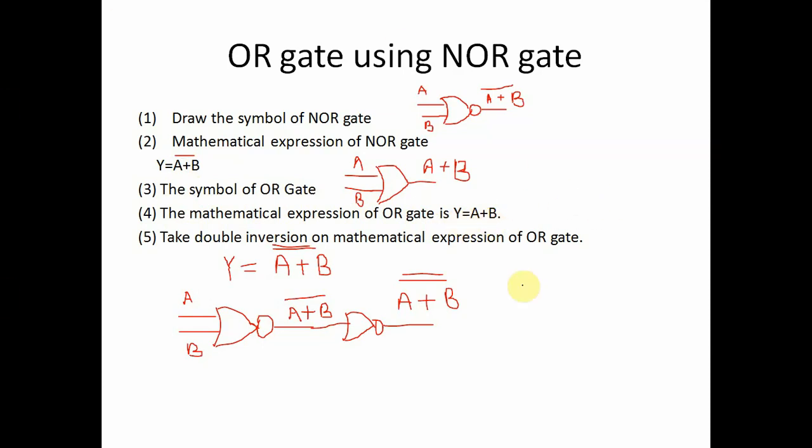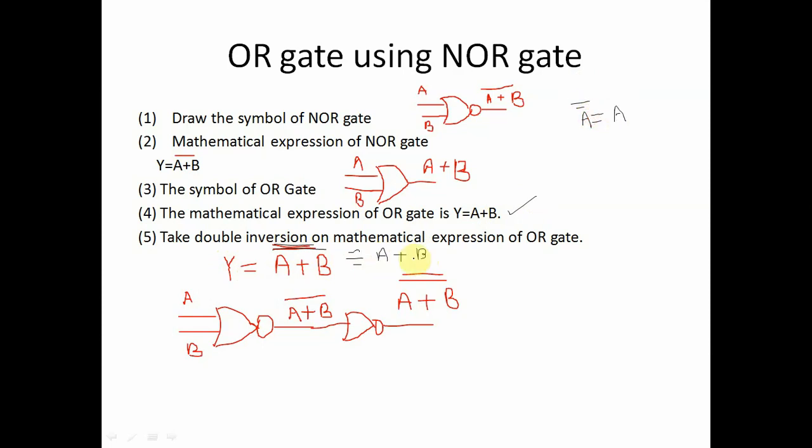So taking the double inversion of the mathematical expression, I am writing y is equal to (a plus b) double bar. A plus b double bar is equal to a plus b, because in ANDing law or ORing law, a double bar is nothing but a.